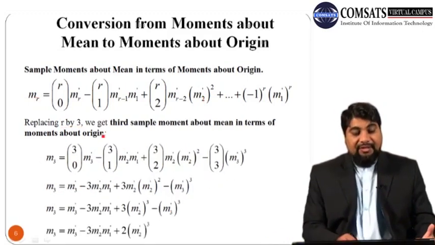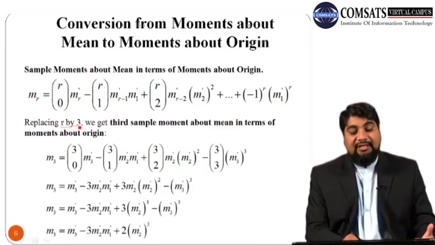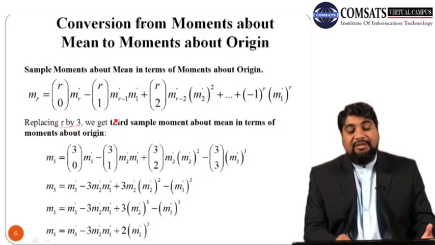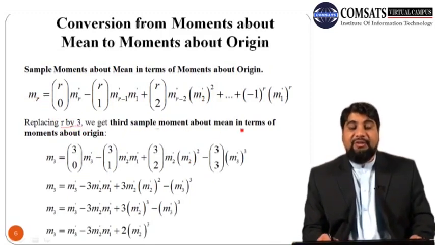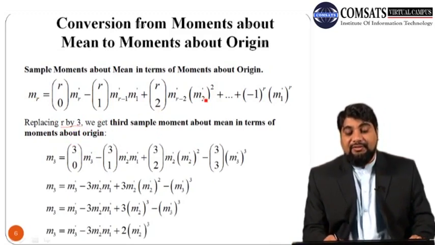So similarly, if we replace r by 3 in this formula, we can get the third sample moment about mean in terms of moments about origin. Remember that this is m1' whole square.